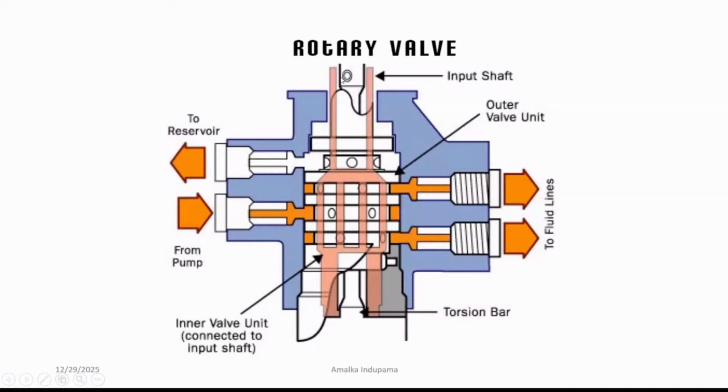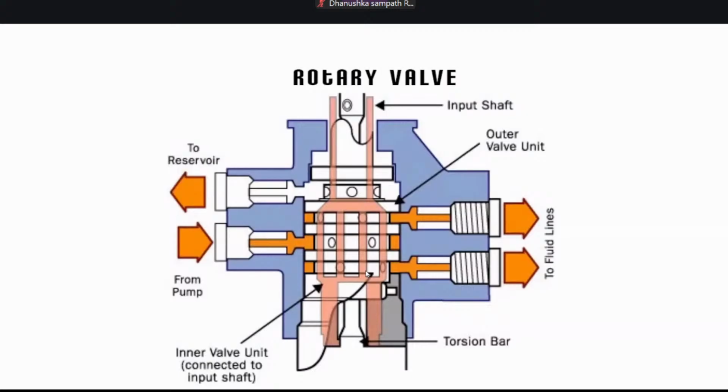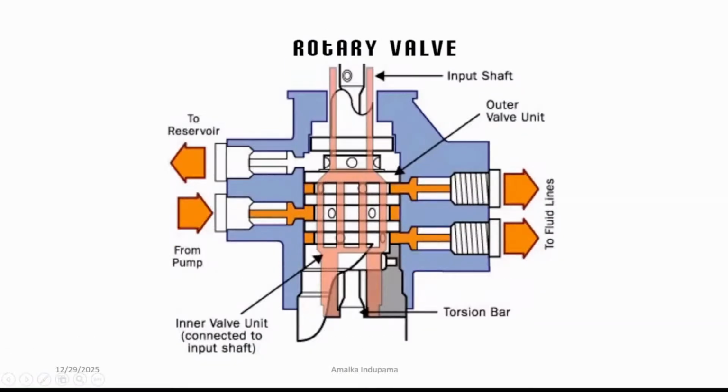So as I said earlier, this rotary valve acts as a sensor and actuator itself. It senses the driver's steering effort, right? Suppose I'm giving a little effort to take a smaller bend. This rotary valve is supported with this torsion bar, and you can see the torsion bar here. It will limit the amount of twisting.